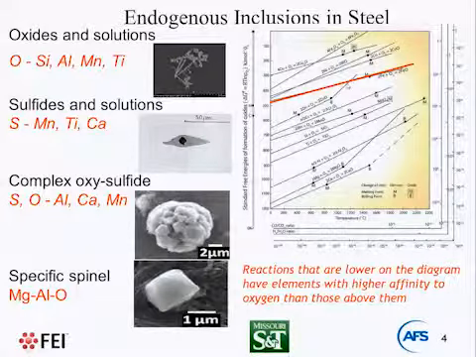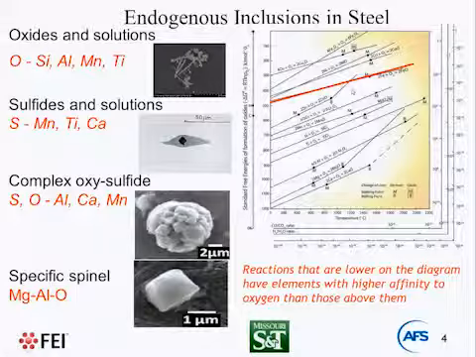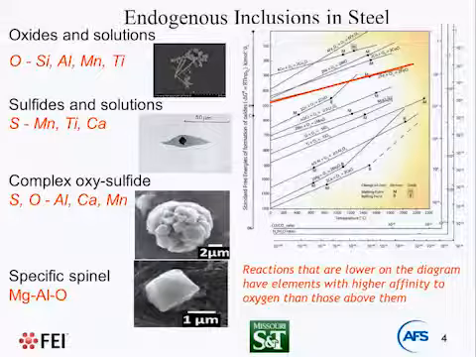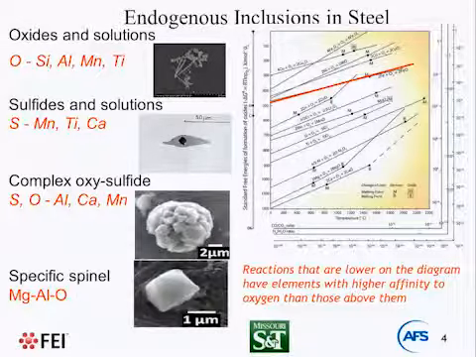The red line shows oxidation of iron, and all elements below this line will oxidize first. Silicon, manganese, titanium, chromium, all of these elements will be oxidized during melting at very low partial pressure of oxygen, carbon dioxide, or vapor in the furnace or mold atmosphere.